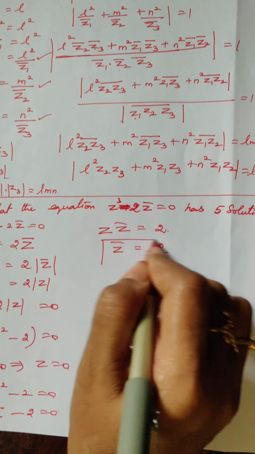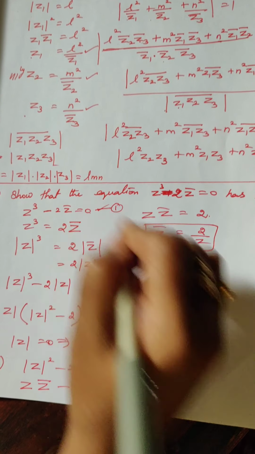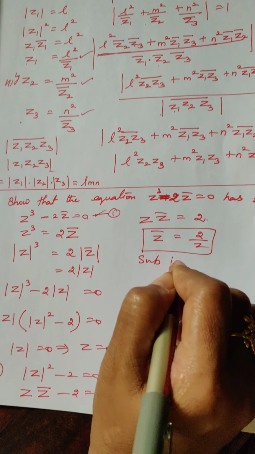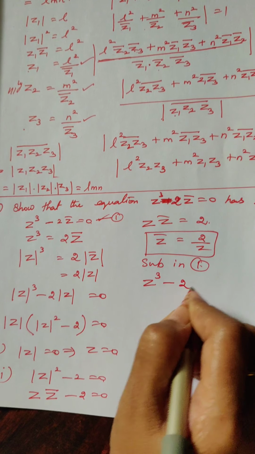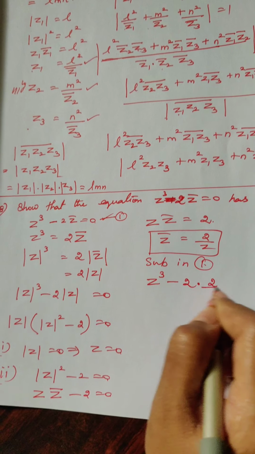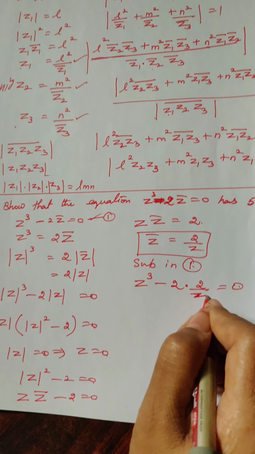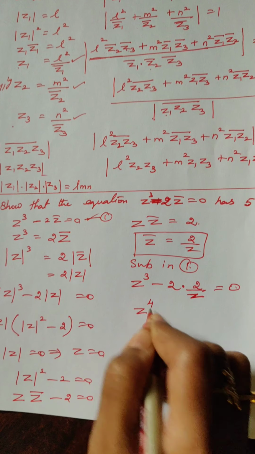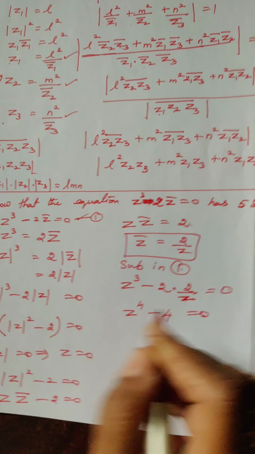Is it clear now? Just I am going to substitute this in the original equation. Consider this as the first equation. Substitute in first equation. What will you get? z cube minus 2 into 2 by z equal to 0. Z power 4, taking the LCM, minus 4 is equal to 0.